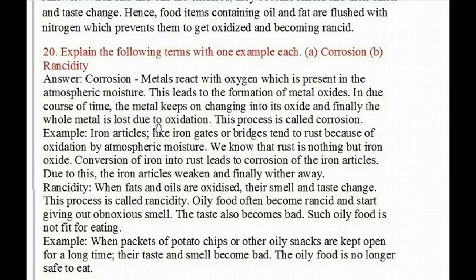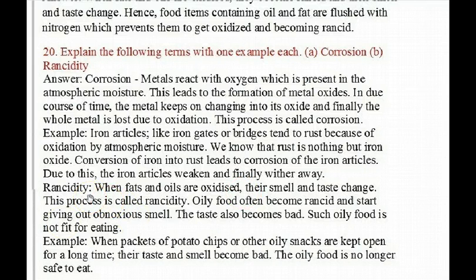Very commonly you must have seen iron articles getting rusted and subsequently damaged. And this process is called, students, corrosion. So conversion of iron into rust leads to corrosion of the iron articles. So iron articles weaken and subsequently wither away, that is, break into various pieces.